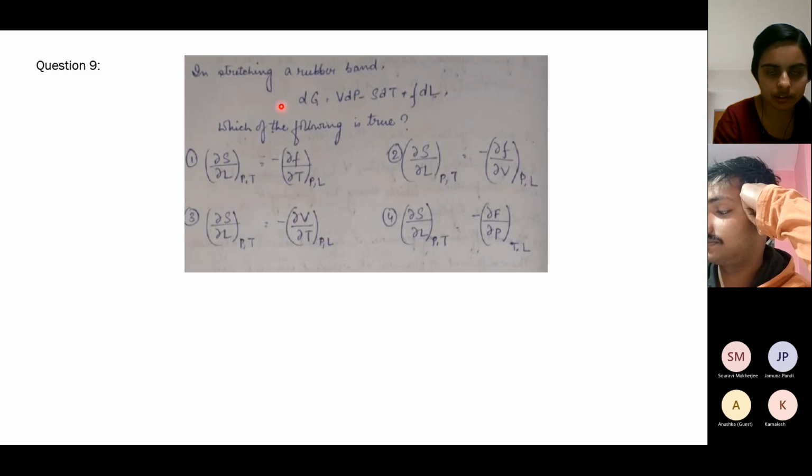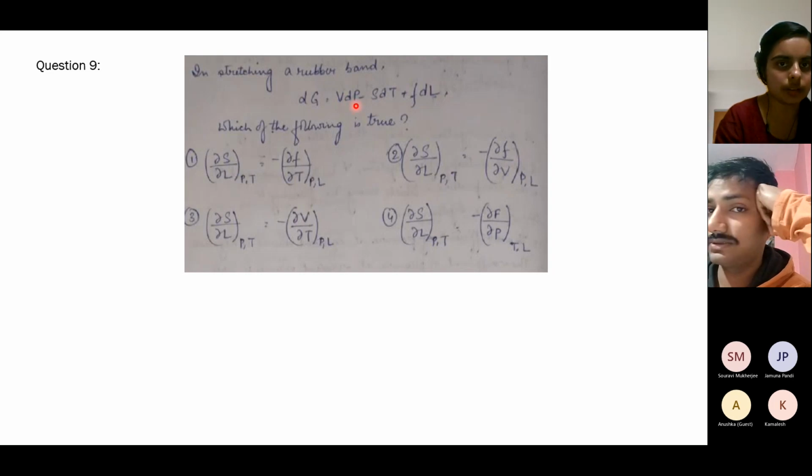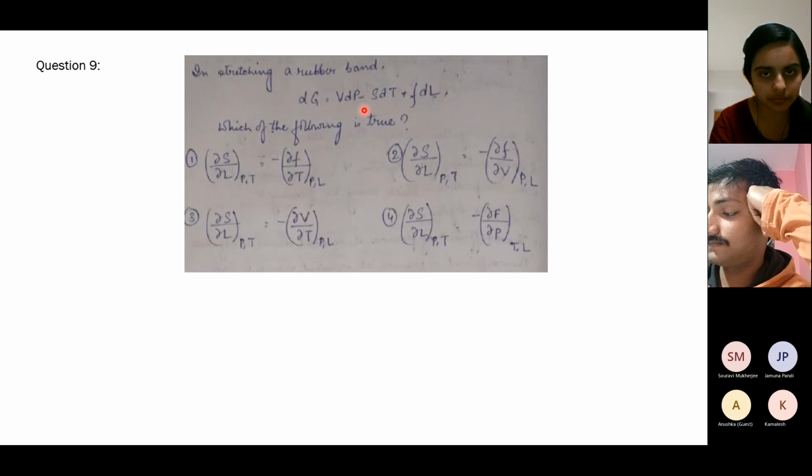But if this is the expression for your Gibbs free energy, what is the first step that you are doing? The first thing you have to do is try to express these terms.